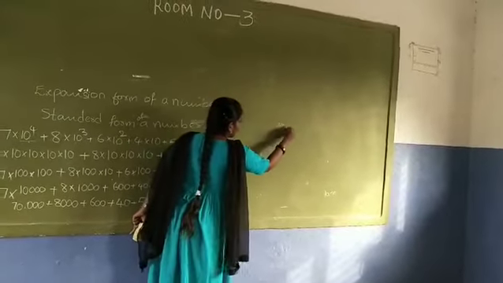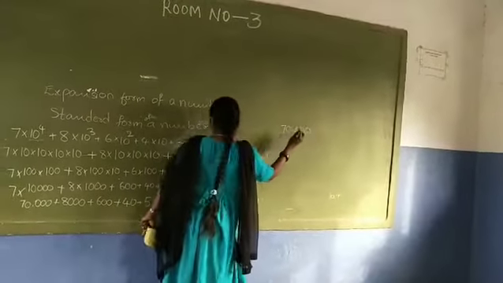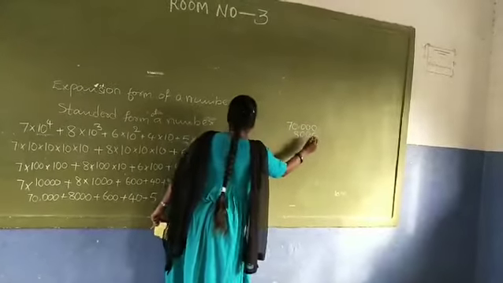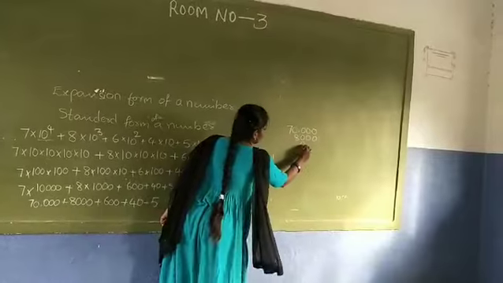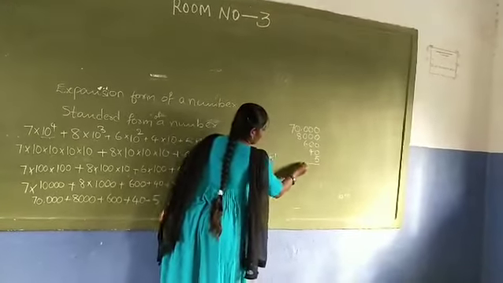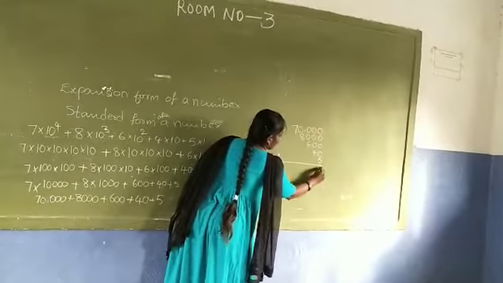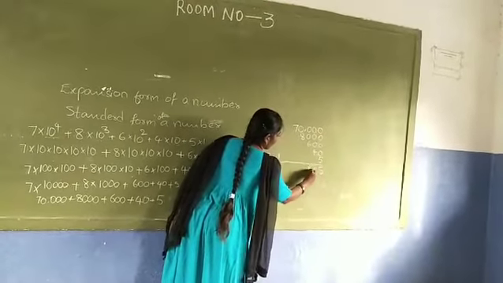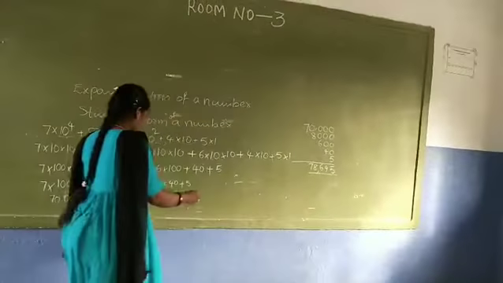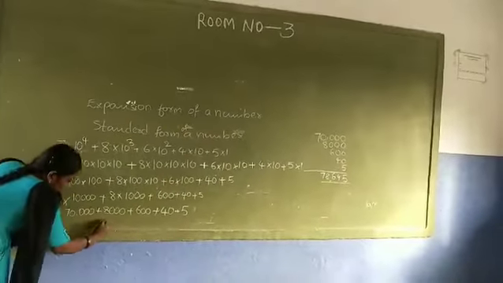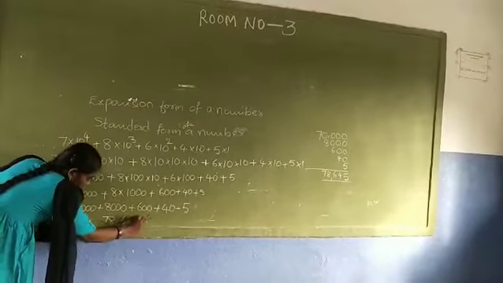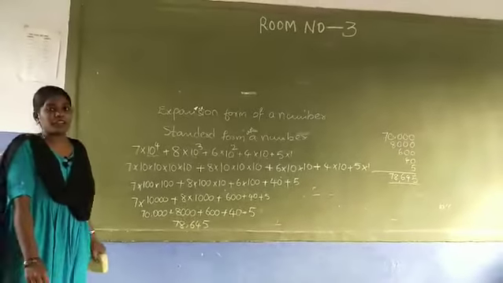I am adding 70,000, 8,000, 600 plus 40 plus 5. What is the final answer? 78,645.